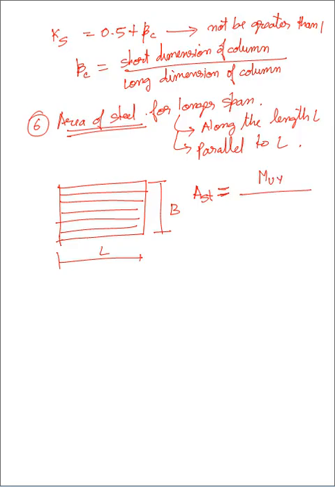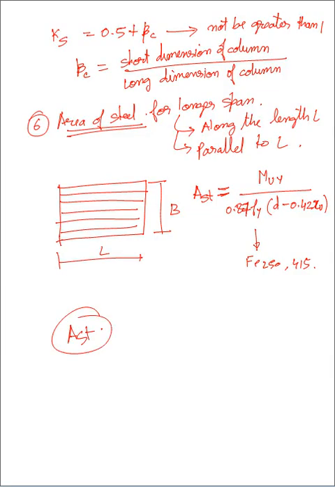Ast = Muy divided by 0.87 fy into (d minus 0.42 xu). Very easy formula. xu is the depth of the neutral axis, d is the effective depth, and fy is the characteristic strength of steel, whether Fe250, 415, whatever. So you can find Ast using this formula.